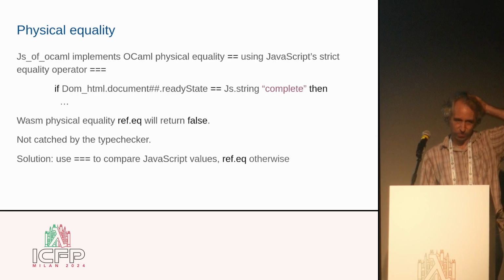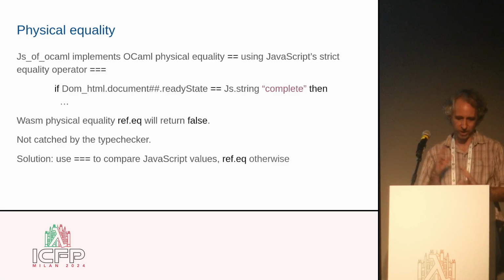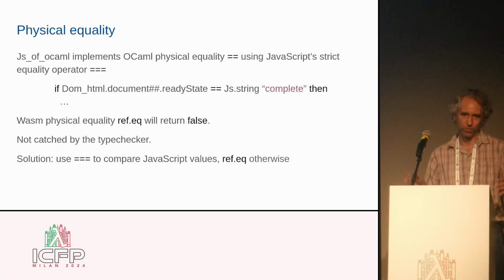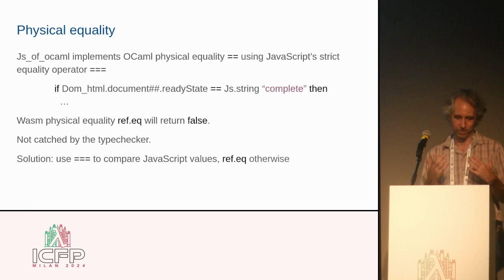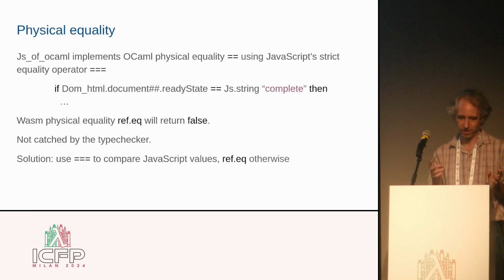But there was one case where the code was misbehaving and it was not caught by the type checker, and usually the error was relatively silent. It was not crashing at the place where there was the error. That's physical equality, because JS OCaml implements the OCaml physical equality using the JavaScript strict equality operator.